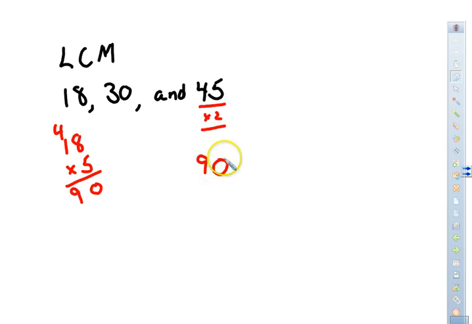So my answer for my least common multiple is 90. Remember, we're not talking about factors, we are talking about multiples. Those are numbers counting by each of these numbers, and it's the smallest one that will match up. And again, it has to be a multiple of that largest number, so you might as well start there. It can't be less than 45.